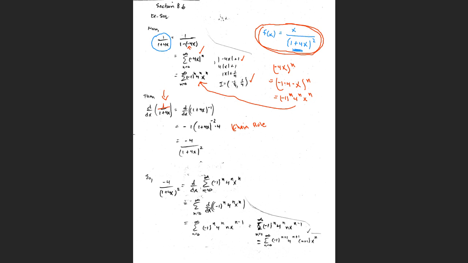The derivative of that rational function, which I write as 1 plus 4x to the negative first power, equals negative 4 divided by the quantity 1 plus 4x squared. And that is nice because our function involves in the denominator the quantity 1 plus 4x squared.